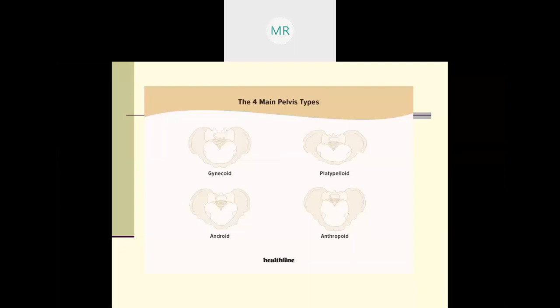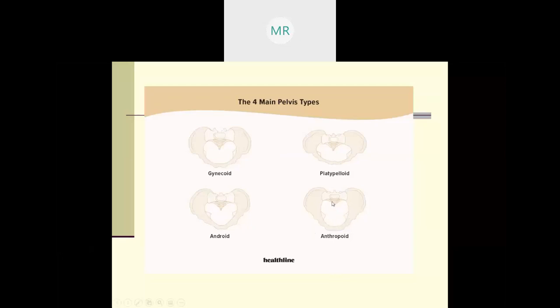And then you've got the platypelloid right over here, so you see that it's not ideally round, but mamas can still deliver vaginally. Then we have the anthropoid right over here.